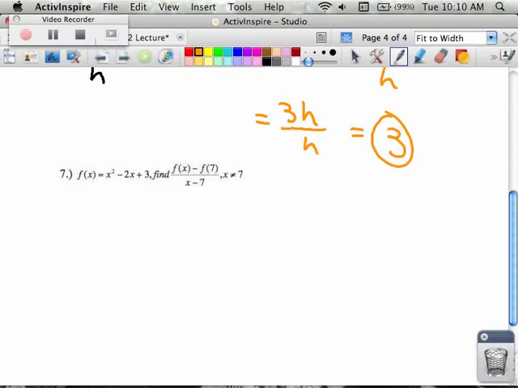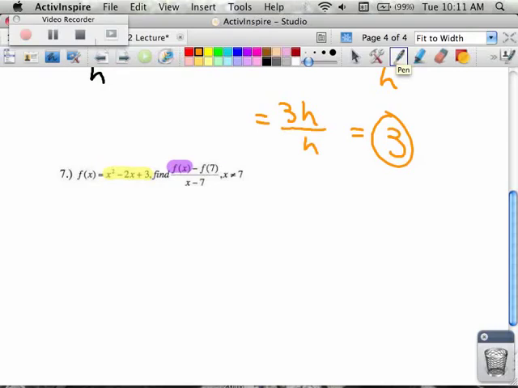So there are 2 instructions. First instruction is right here in the purple. If I were to write that down from the purple, that says, look back at my function. My function was this stuff over here. So look back at the yellow function. I see x squared minus 2x plus 3.